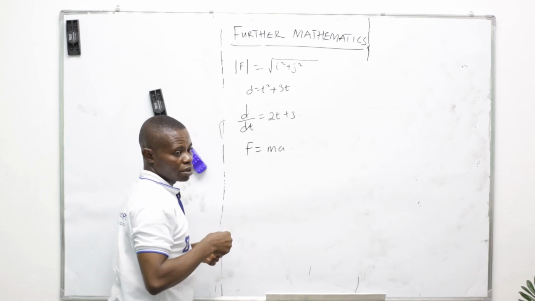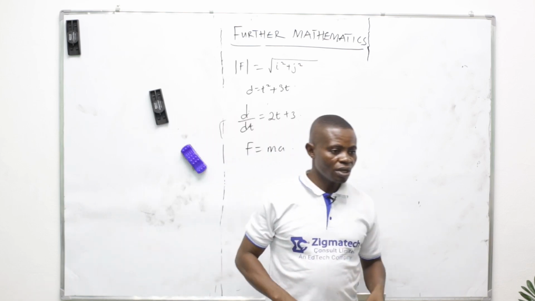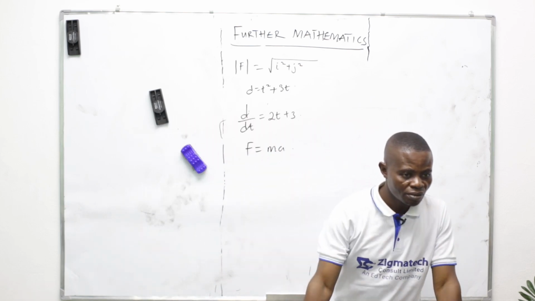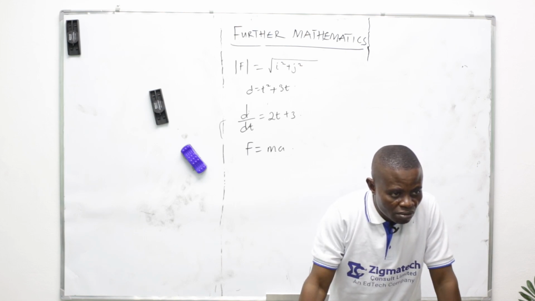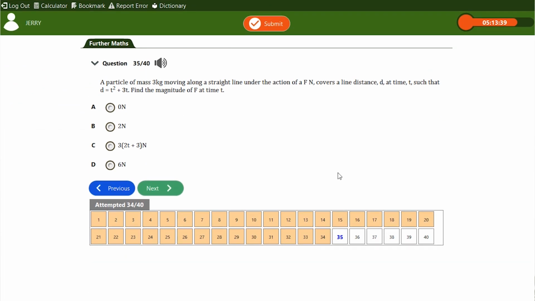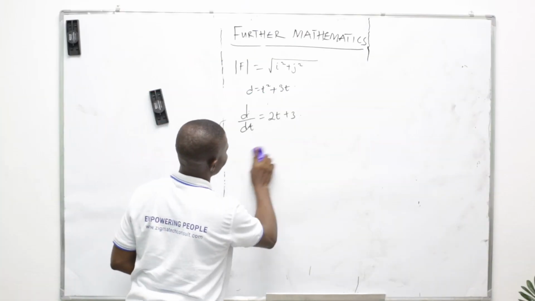Now, it's a straight line. So, F equals mass times acceleration.